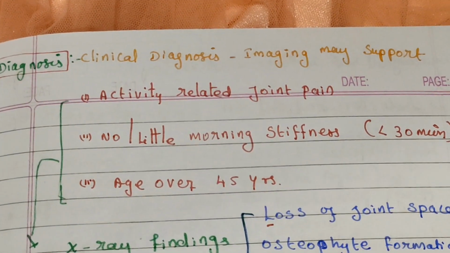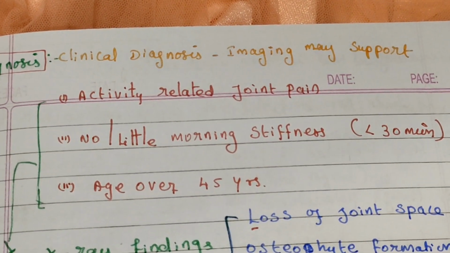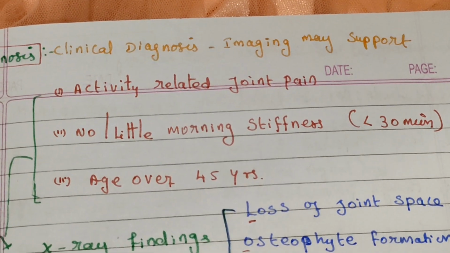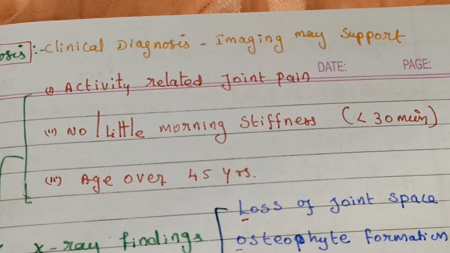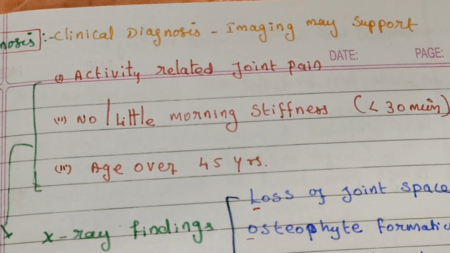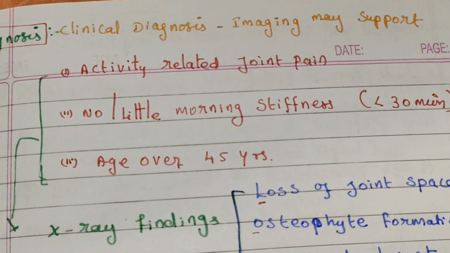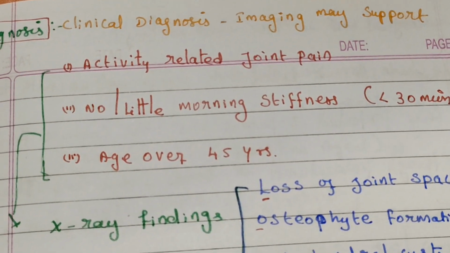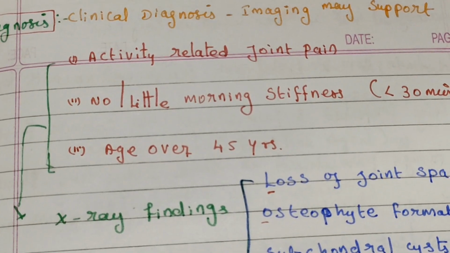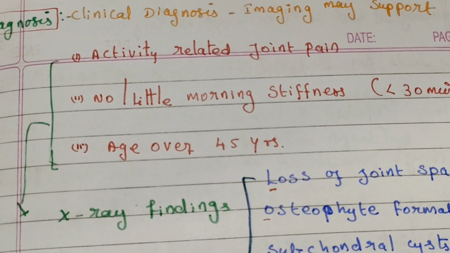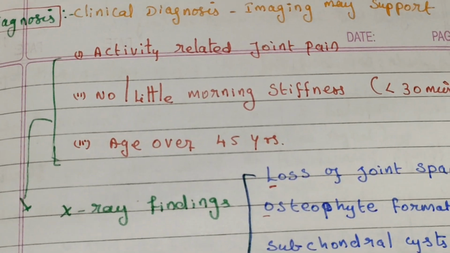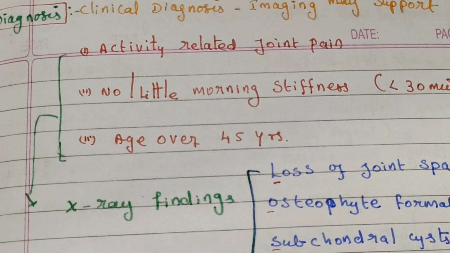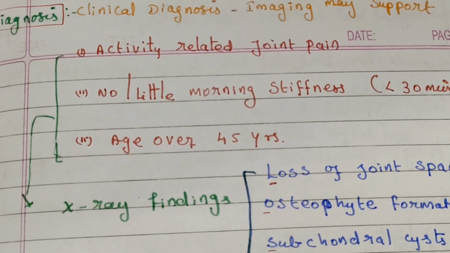And diagnosis is most commonly clinical, with imaging done to support the diagnosis. A clinical diagnosis can be considered if there is activity-related joint pain, no morning stiffness or morning stiffness lasting less than 30 minutes, or age above 45 years.